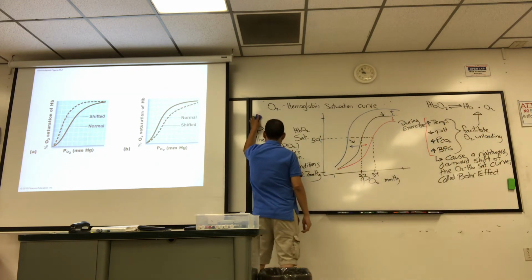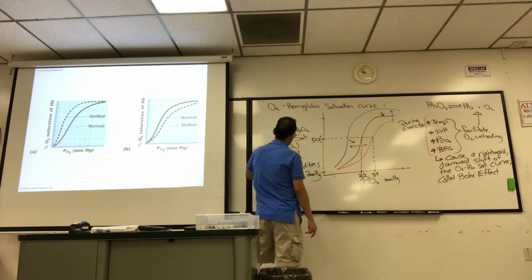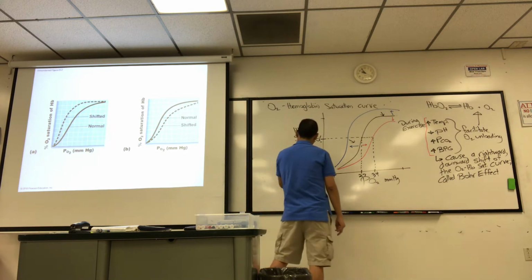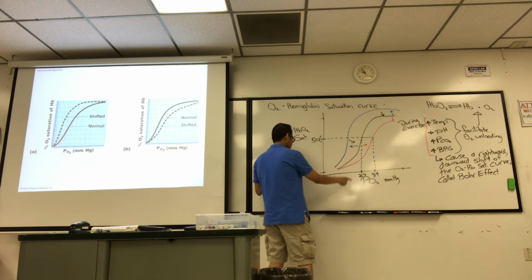I'm going to erase the P50 thing here. That's important. That's our reference point. P50 under normal conditions is 27.